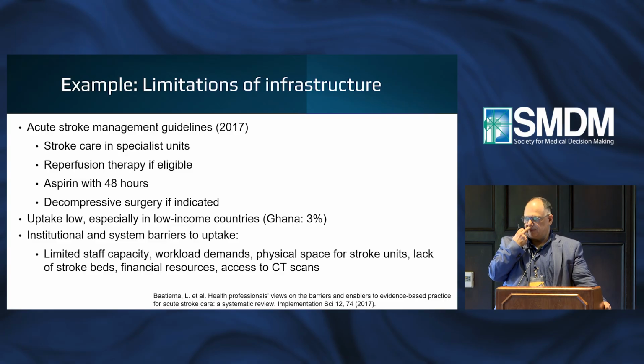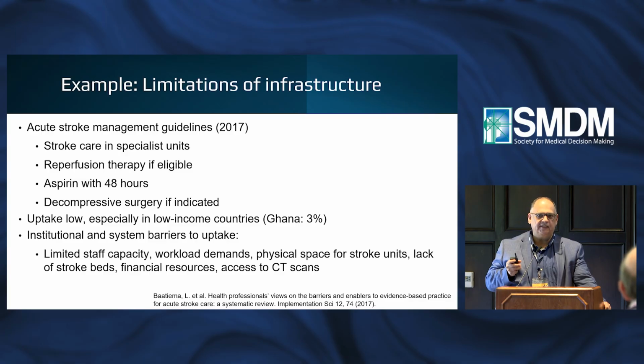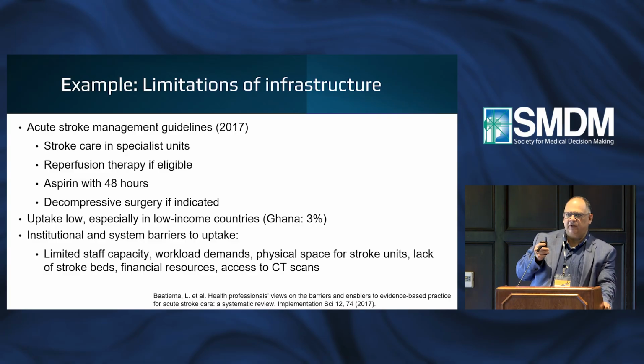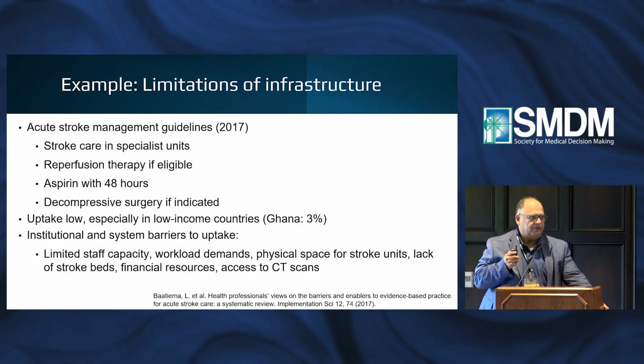So the example I chose for limitations of infrastructure is about acute stroke management. This is an example from 2017. For the clinicians in the audience, I do want to recognize that stroke management has changed in the last 8 years. So I'm not saying that what I have here represents optimal stroke management, but the purpose here is to really think about what guidelines at that time said was optimal management.